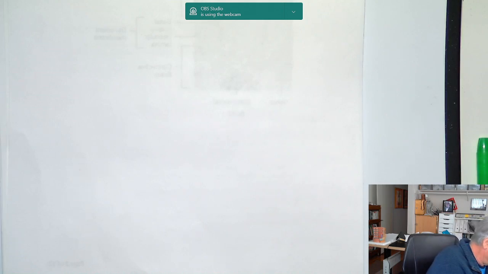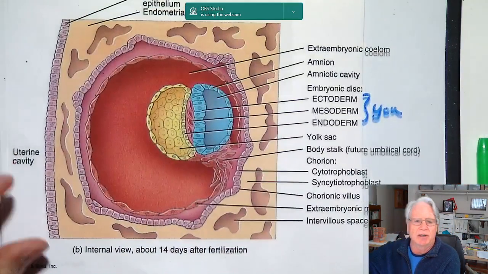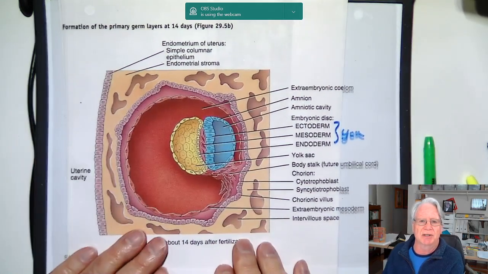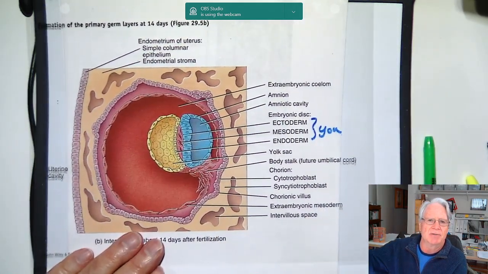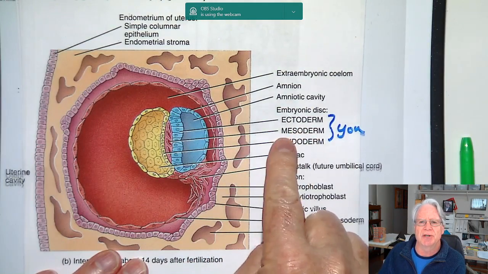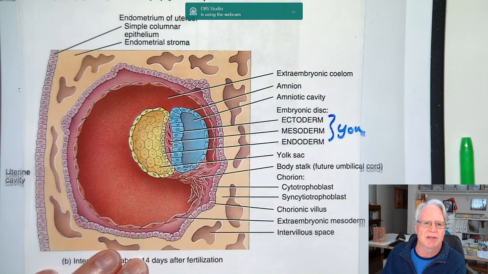And we'll start off with this image right here, which is the development of you at 14 days. So this is how you look 14 days after fertilization. And if you look right here, you see ectoderm, mesoderm, endoderm, and those are the three primary germ layers that you can see right there.